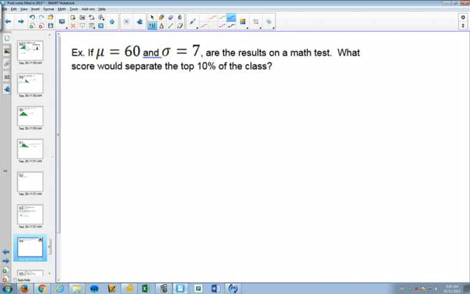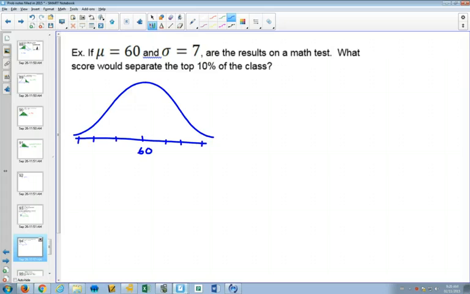We draw our little standard deviation graph. The mean is 60, 1, 2, 3 above, 1, 2, 3 below: 67, 74, 81, 53, 46, and 39. What score would separate the top 10%? So what we're trying to find is something that would separate the top 10%.